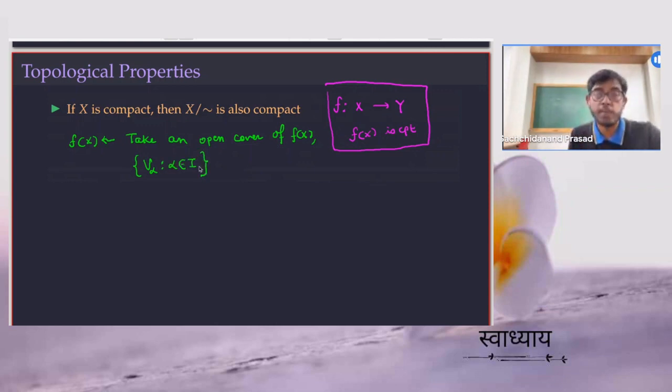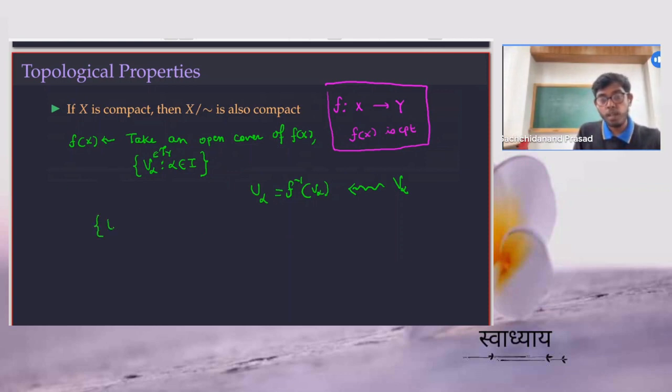Each of the V alpha is open in Y, in tau Y. What do I have to show? That there exists a finite subcover. What I know is X is compact and f is a continuous map. So for each V alpha, the inverse image f inverse of V alpha is open, because f is continuous and V alpha is open. Name it U alpha.